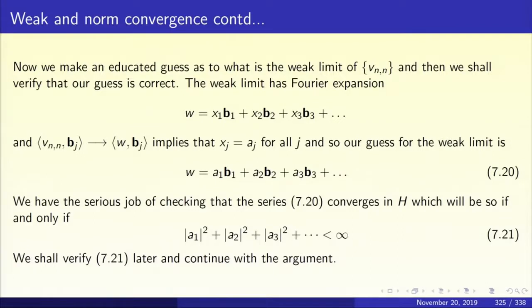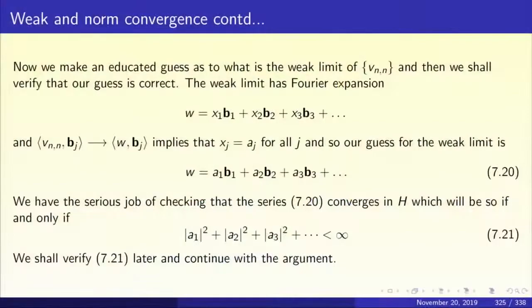We know that Vnn dot product with Bj will converge to W dot product with Bj by definition of weak convergence. But what is the left hand side? Vnn dot product with Bj we know converges to Aj. But what is the right hand side? W dot Bj is xj. So my xj has to be exactly Aj. So I know what my weak limit is supposed to be: W equal to A1 B1 plus A2 B2 plus A3 B3 plus etc.